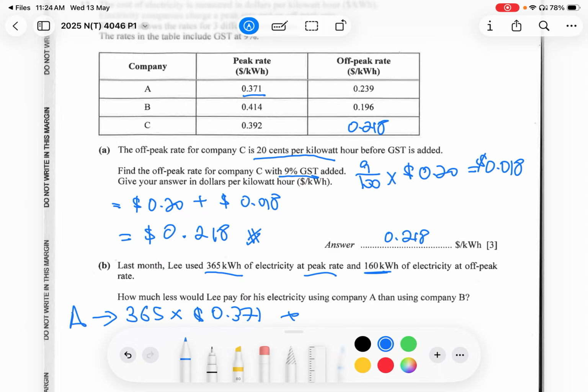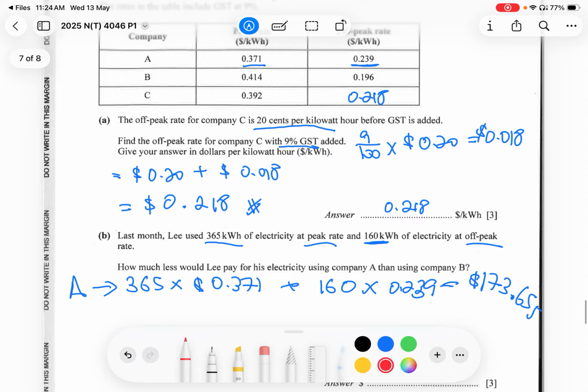And then he used 160 kilowatt hours at off peak for A, 0.239. So the total he gets is 173.655 for A.